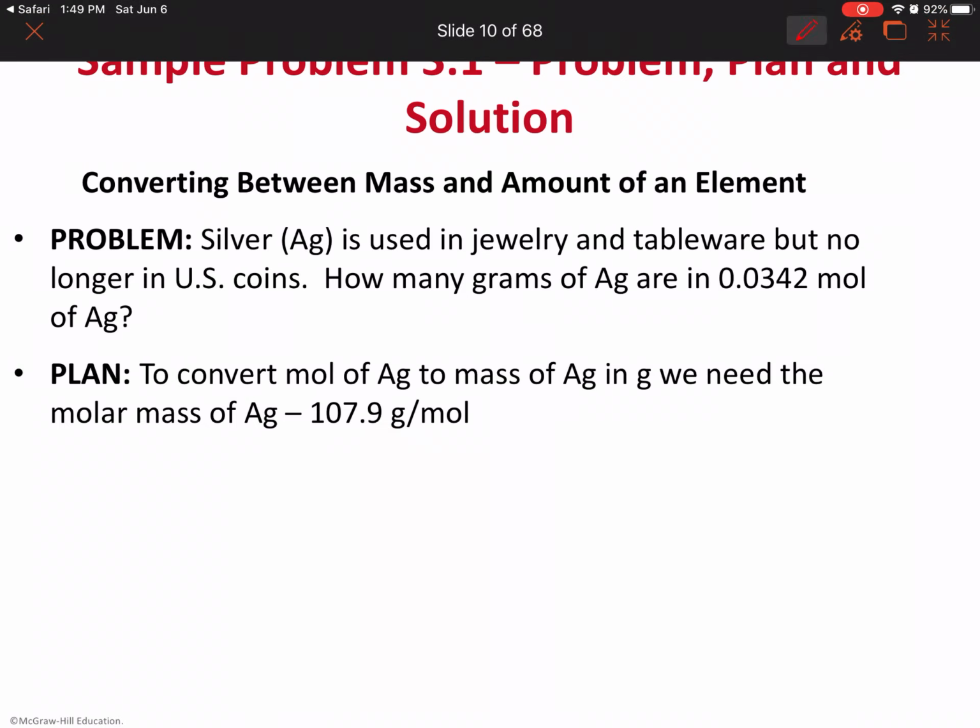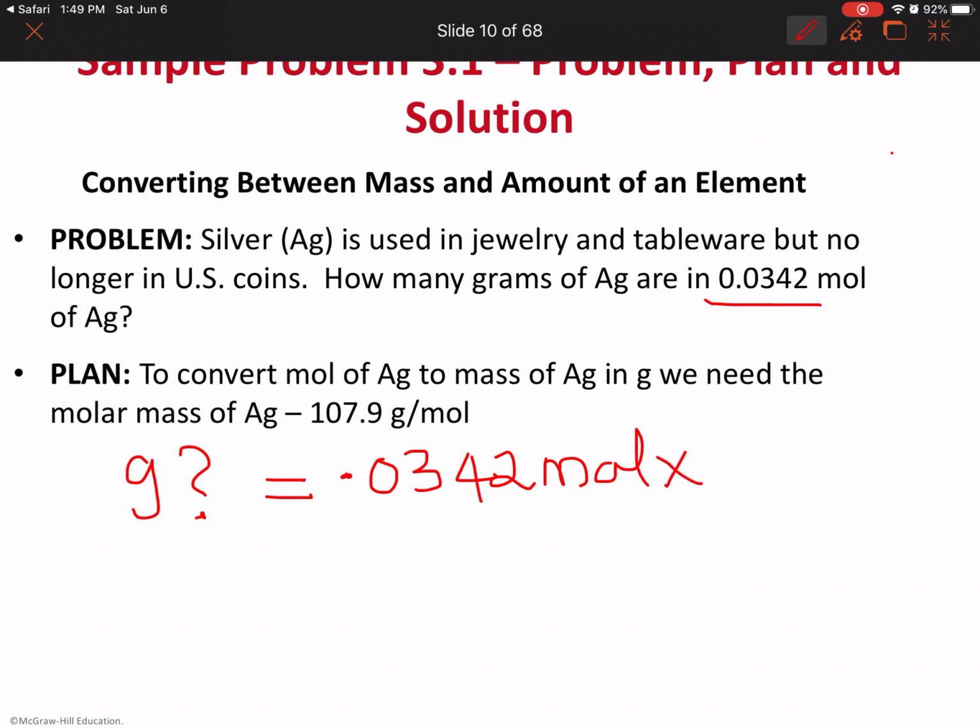Okay, always when you are solving a problem like that, you write down what is given to us. What we want is grams of silver, and we are given this number. So you write what is given to you, 0.0342 moles. And then you use the conversion that comes from your molar mass, which you find from the periodic table.